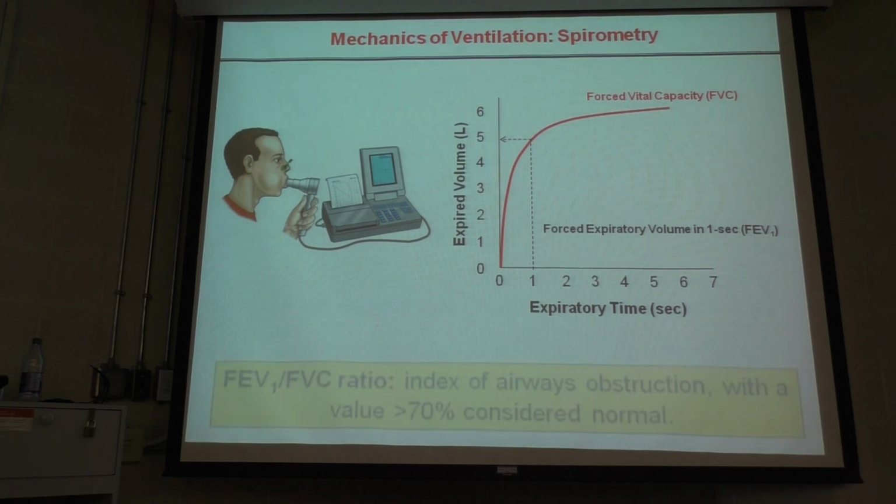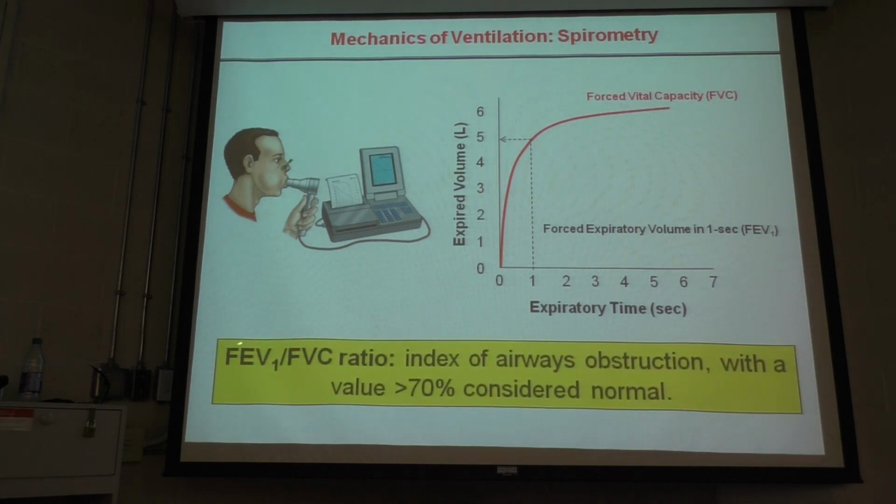Right? So if we look at the ratio between the forced expiratory volume in 1 second relative to the total vital capacity, we get an index of airways obstruction. And in any of us, if I brought you to the lab, the majority of you will be able to expire greater than 70% of your total vital capacity in the first second.